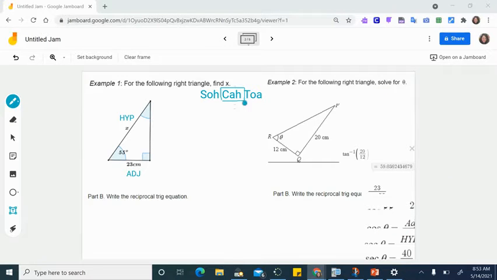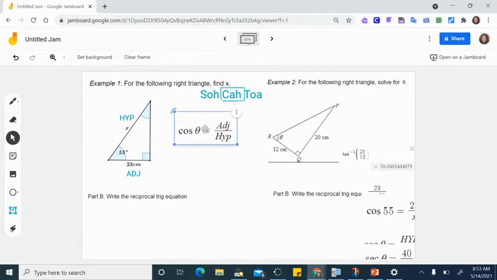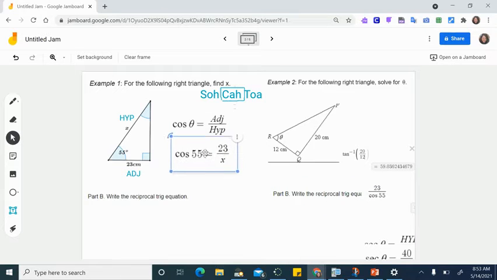Cosine is adjacent over hypotenuse, as you remember. So we need 23 over x, and it's cosine of your angle, which this time is 55. So we have cosine of 55 equals 23 over x.